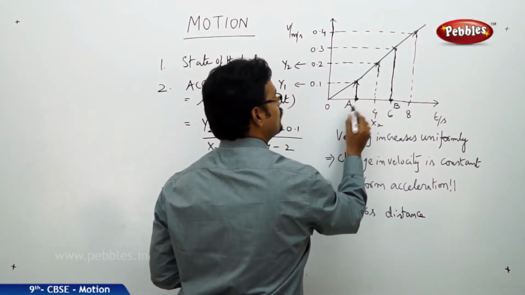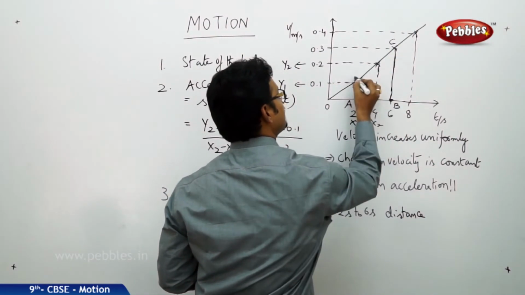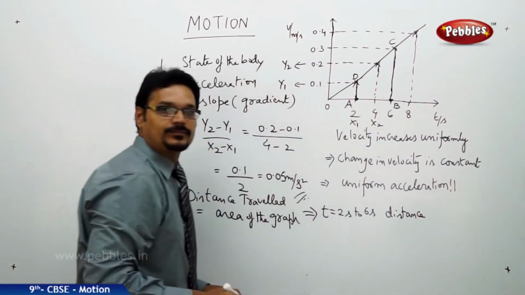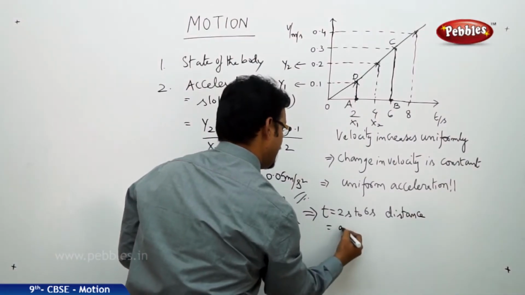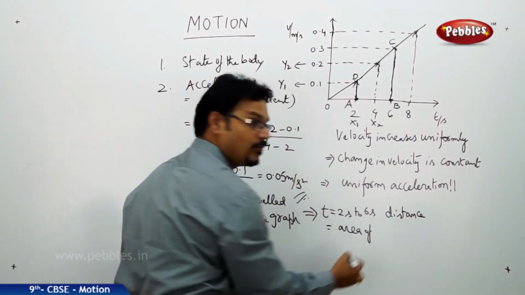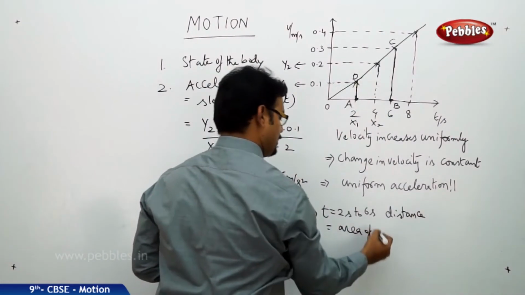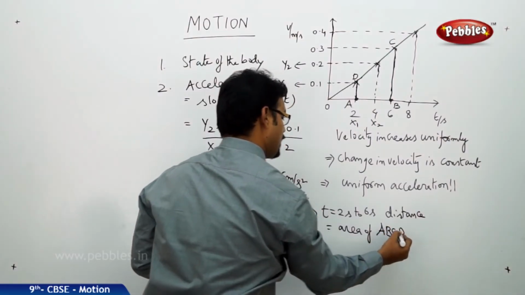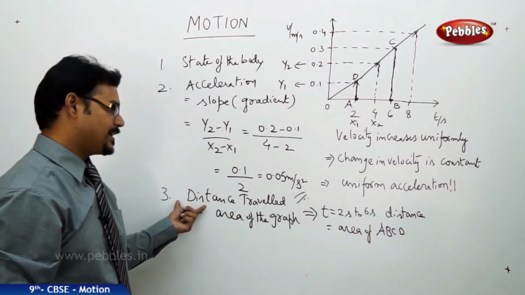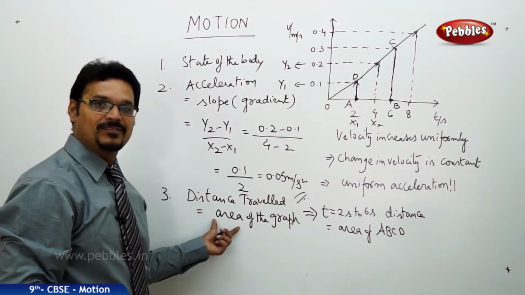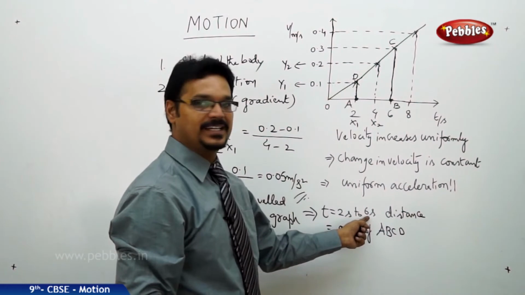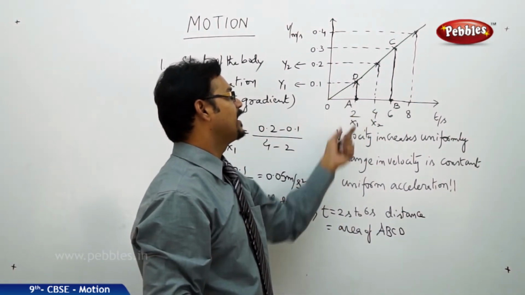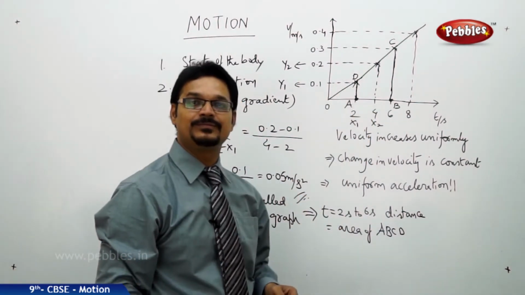Now 2 to 4 seconds says this is C, this is D. Now what happened? It is the area of ABCD. As I told you, distance traveled you can find by using area of the graph. And here area of the graph is nothing but ABCD, because I asked 2 to 6 seconds. So 2 to 6 seconds only we have taken. Now what is the area of the graph?